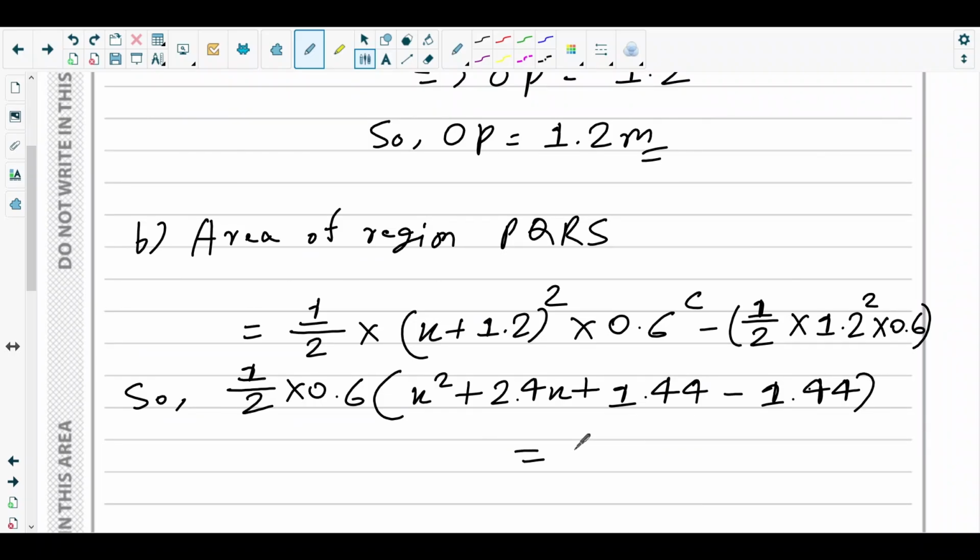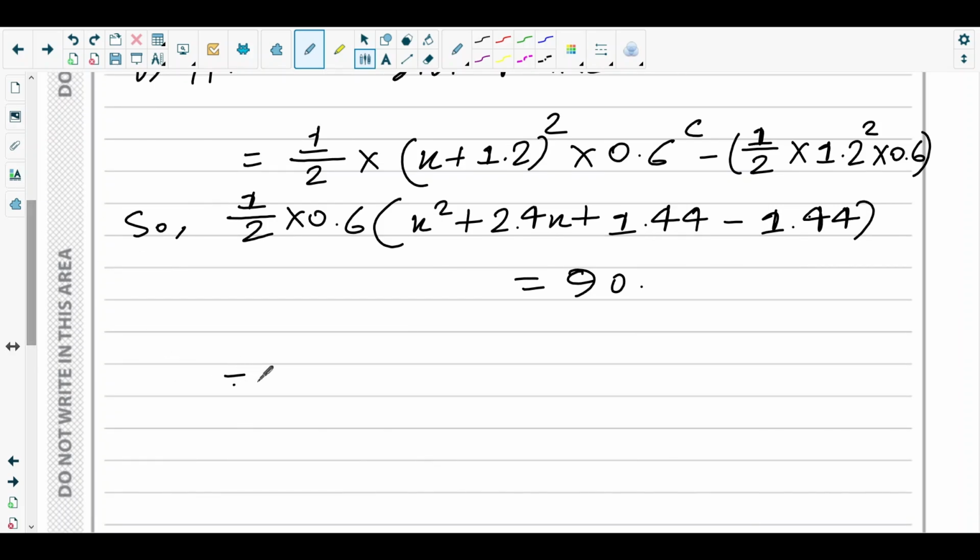This equals 90 meters squared. Half of 0.6 is 0.3, so x squared plus 2.4x plus 1.44, negative 1.44 cancels out, and on the right hand side you will have 90 over 0.3, which is 300. Now we need to have 1500.